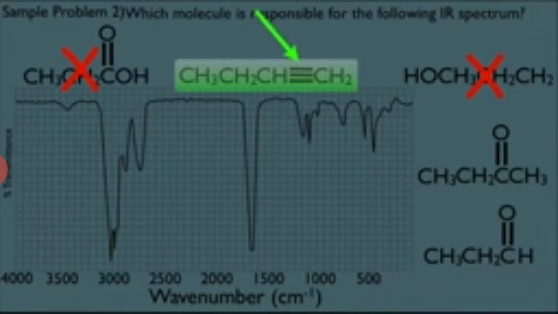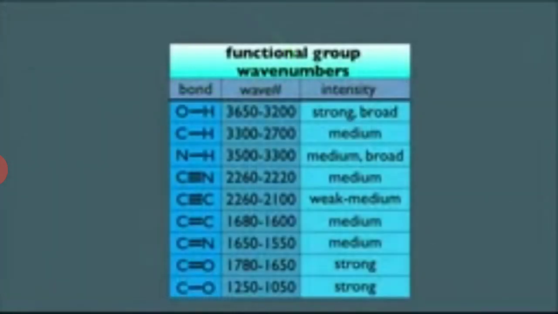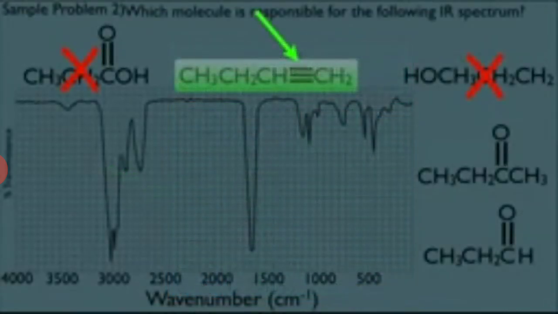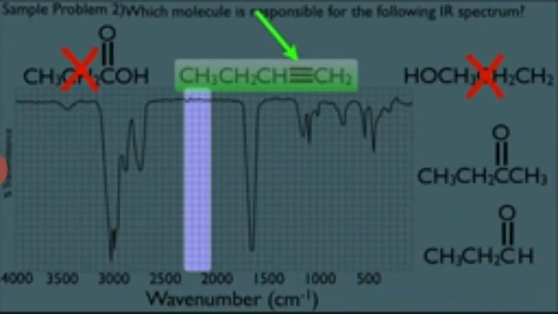Now for this compound we have a carbon-carbon triple bond. Look at the functional group table, 2100 to 2260, a weak to medium peak, and try to find out whether we have a peak in this region. As there is no peak, this is also not the answer.